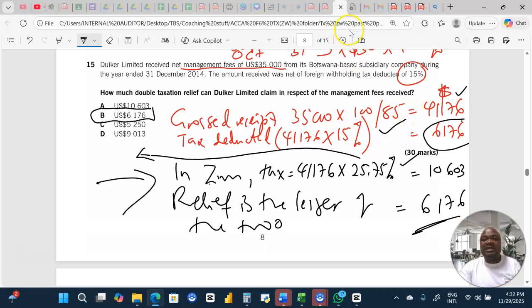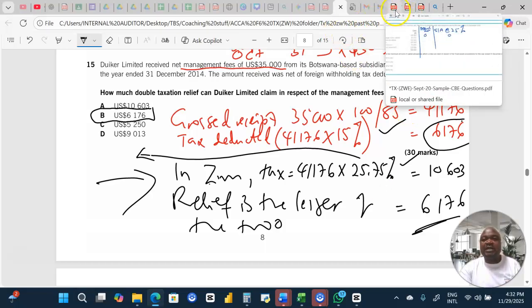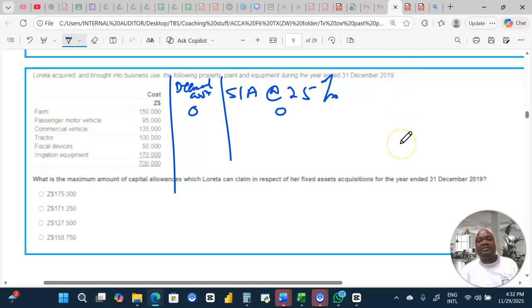But let me try to just bulldoze. Let us try to use 80,000 as the safest, because there are many sources that talk of 80,000. Even the examiner in this particular year used 80,000. But like I'm saying, you can use 80,000 as the deemed cost of the motor vehicle.